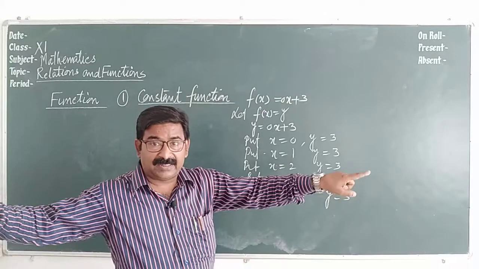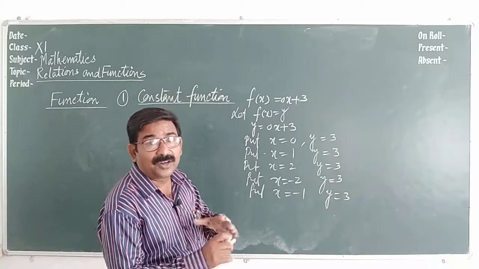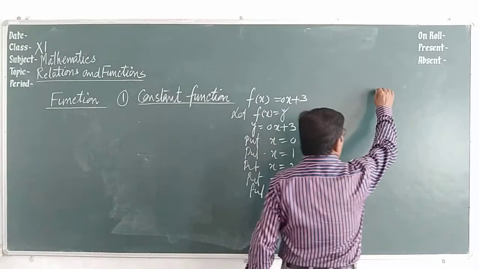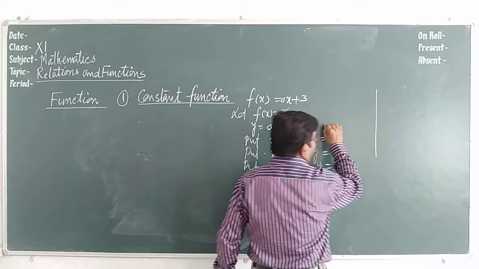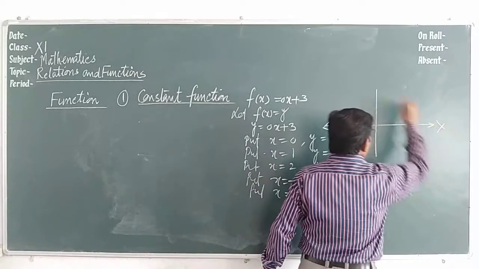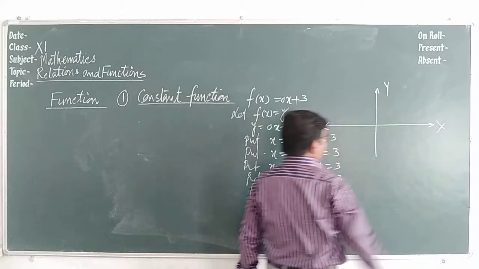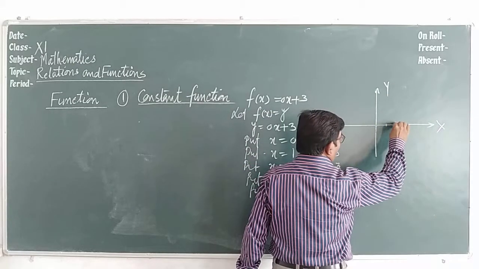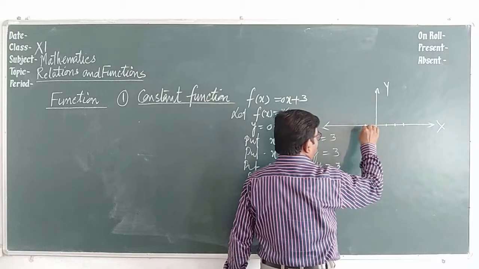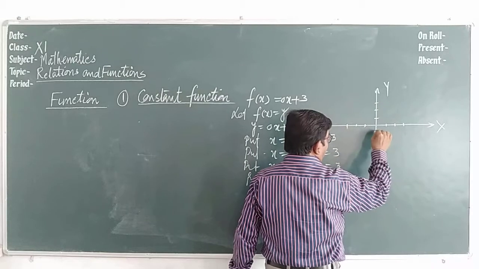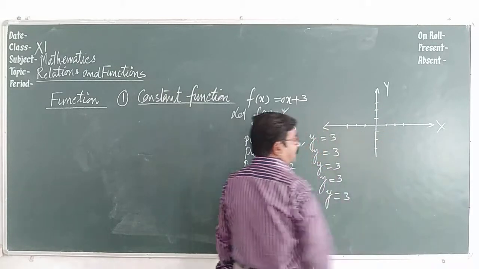When we plot the graph, this is the x-axis and this one is the y-axis. Form the grid. This is 1, 2, 3, here -1, -2, -3, here 1, 2, 3, here -1, -2, -3.